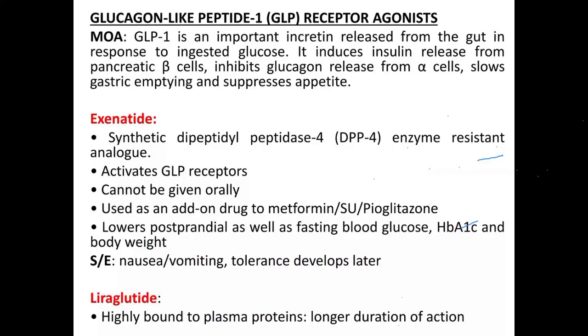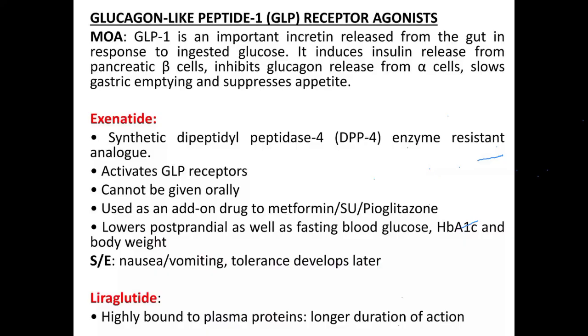If a patient is continuously eating or having sugar, the ingested glucose comes into play, the sugar is converted into glucose and the glucose level in the blood increases. As soon as the glucose increases, insulin release occurs from the pancreatic beta cells, which inhibits glucagon release from the alpha cells, slows the gastric emptying and suppresses the appetite.